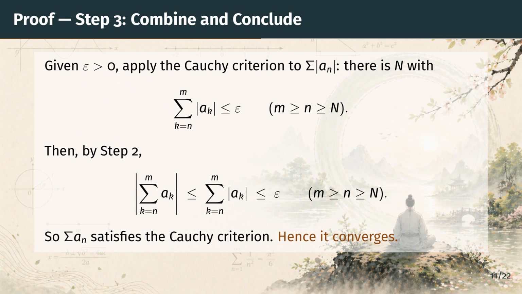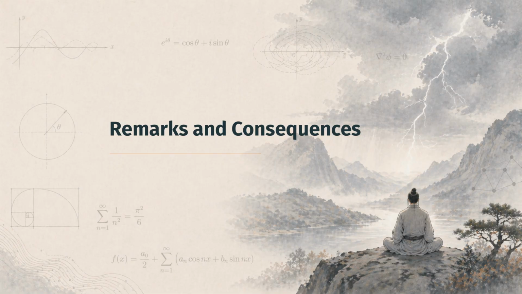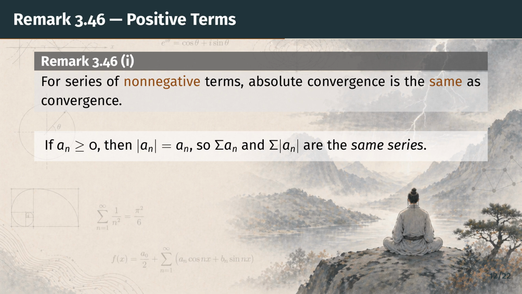Next, some remarks that put this theorem in context. The first remark is a simple but useful observation in the gray box. For a series whose terms are all non-negative, absolute convergence and ordinary convergence are exactly the same thing.